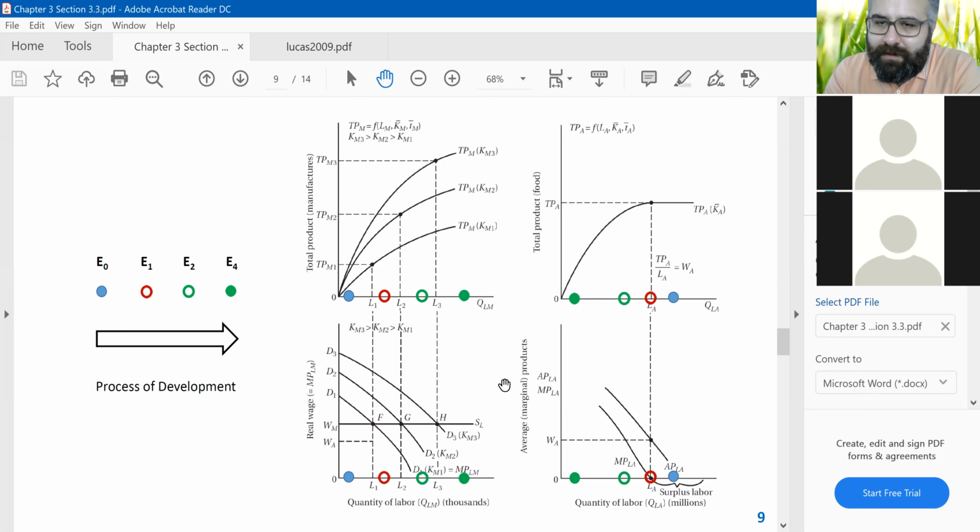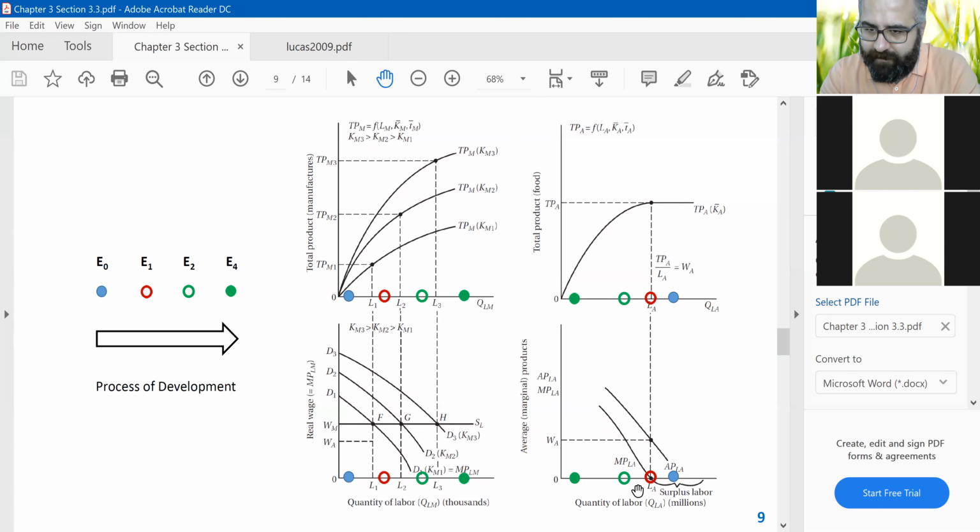Then in time, what happens? Obviously, capital accumulation continues in the manufacturing sector. That's the idea. When capital accumulation continues, eventually we hit the red point, where we define the surplus labor. At this point, again, marginal productivity of the surplus labor is 0 in the agricultural sector, but beyond that, it will be positive.